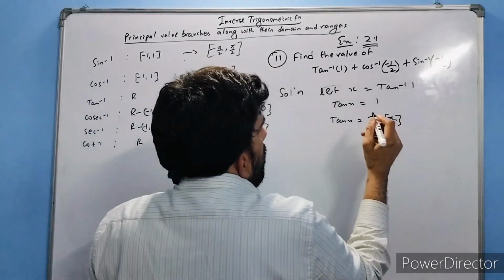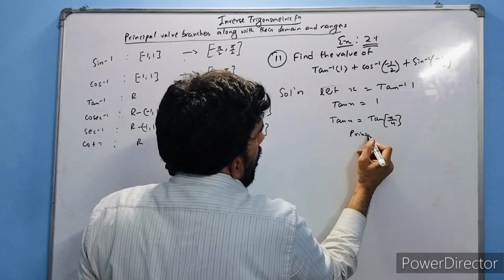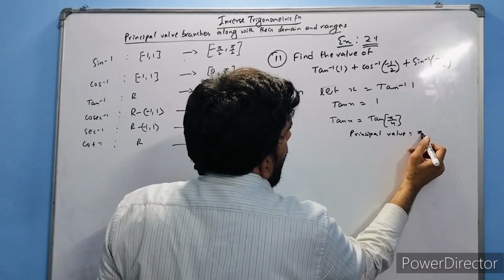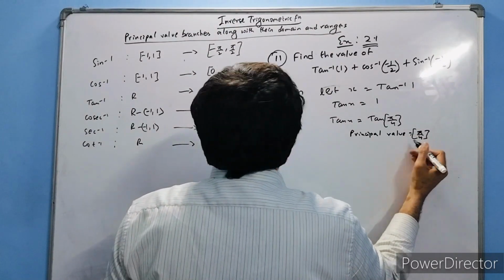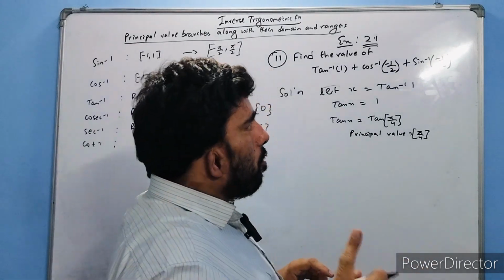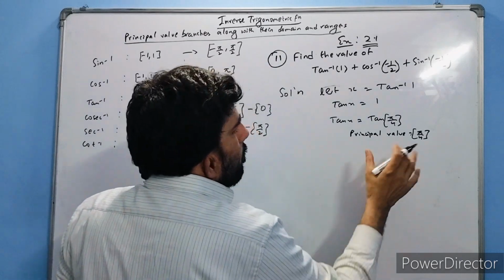So its principal value will be pi by 4. We all know the range is between minus pi by 2 to pi by 2. So the first one we have solved.